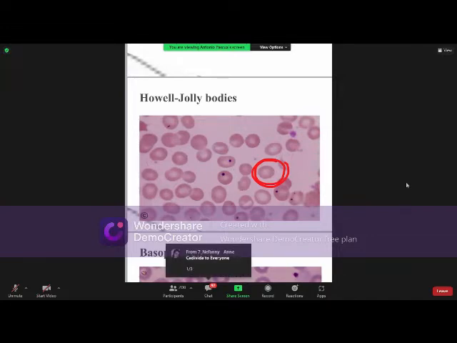Then everything else is red. Red cells are deformable and can expand. So if there are any unwanted materials that you observe under the microscope, they may be referred to as inclusion bodies. Okay?